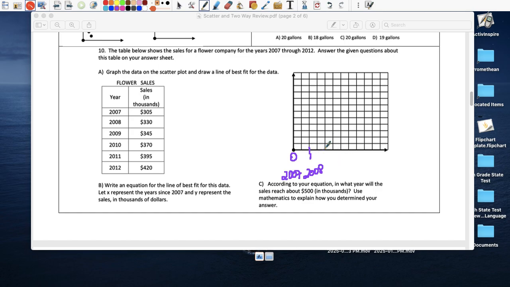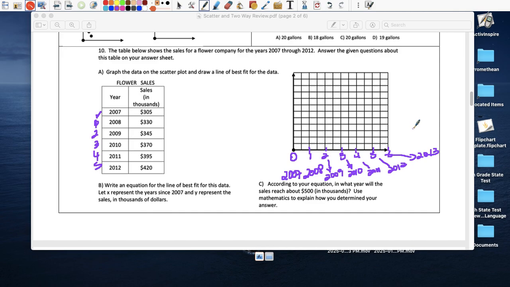So 1 year after, 2, 3, 4, 5. Okay, so 2008, 2 years will be 2009, this will be 2010, this will be 2011, this will be 2012, and this will be 2013. I just want to show you what those numbers represent.